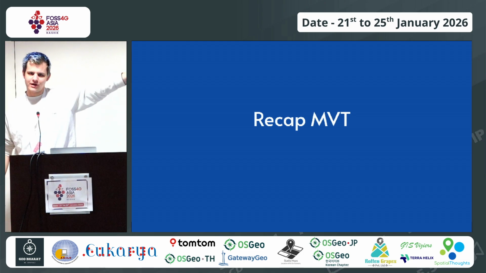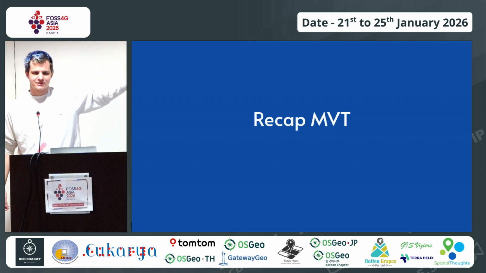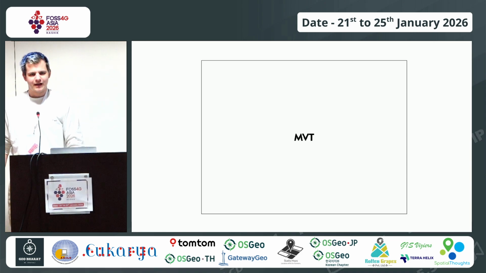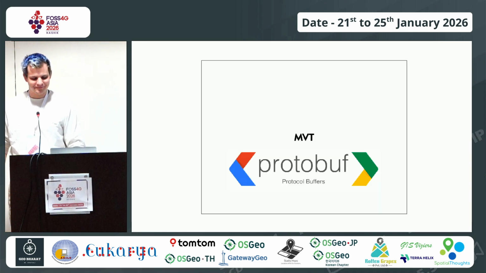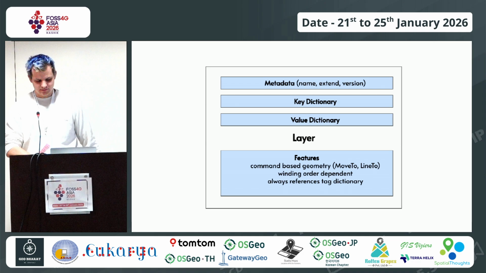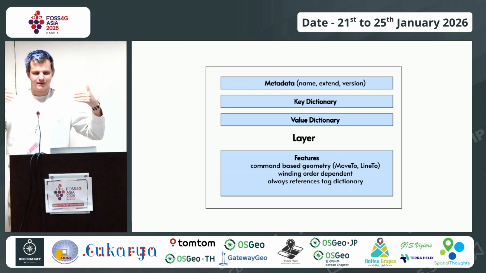So let's dive into MVT a bit, because without knowing what MVT is, it doesn't make sense to talk about the new format we're building. MVT is a vector tile. It is encoded in a protobuf, and this protobuf contains multiple layers. Each of these layers then contains different things.